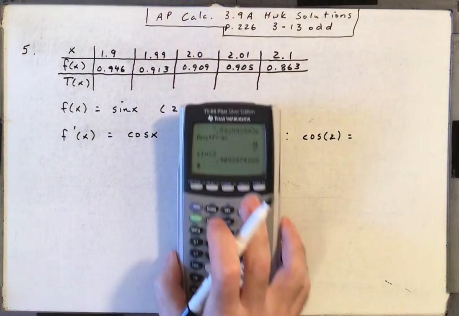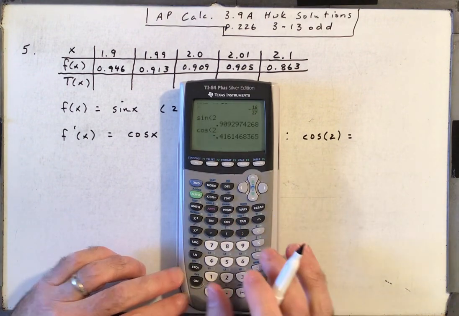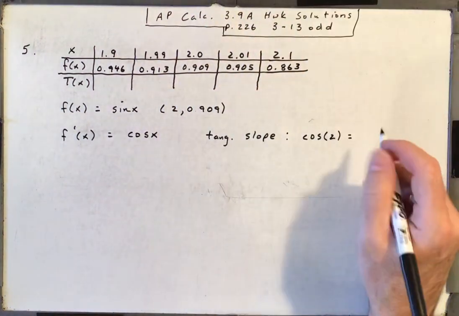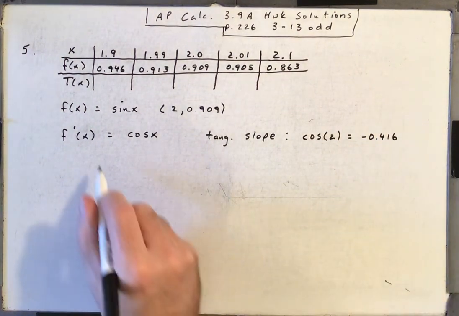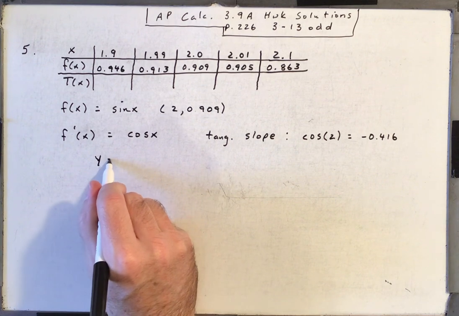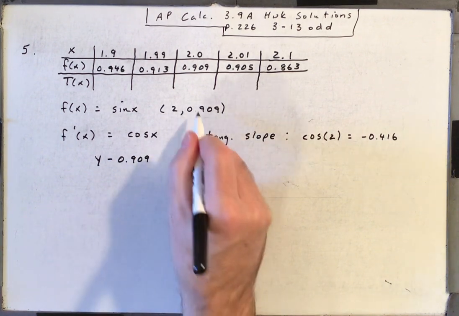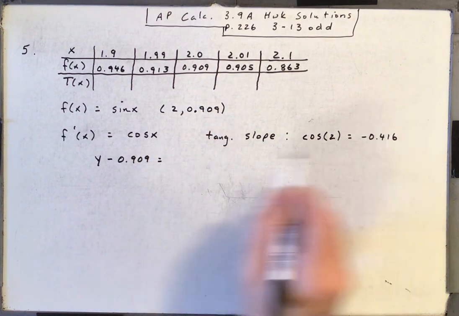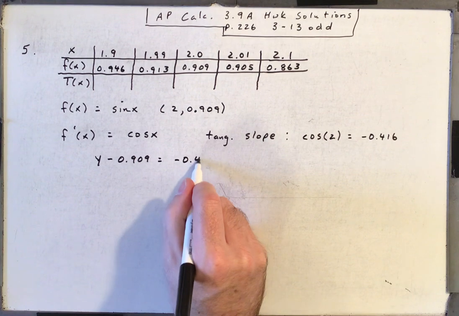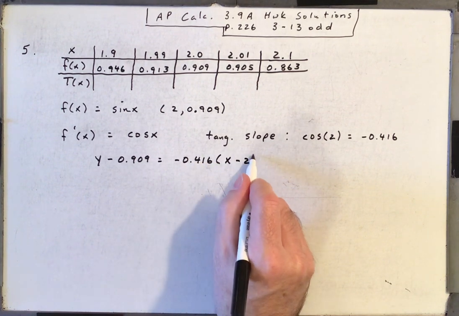Plugging in the cosine of 2, you'd have negative 0.416. So our tangent line equation: y minus 0.909 is equal to the slope, negative 0.416, times x minus 2.